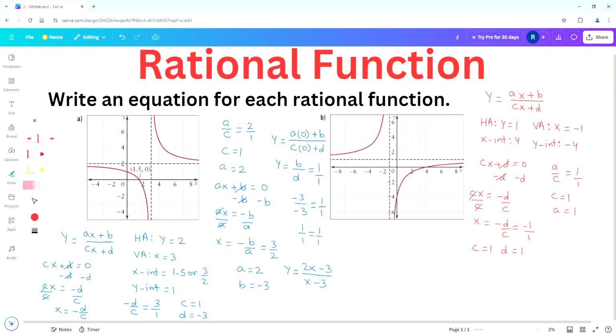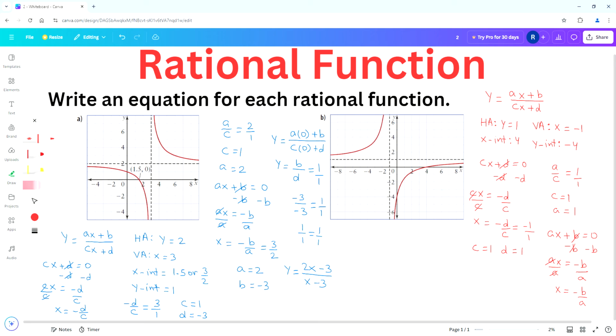Next, we can analyze the x-intercept for the function. The x-intercept can be found by setting the numerator equal to 0 and solving for x. I get x equals negative b over a.